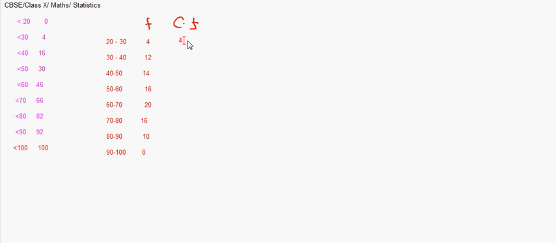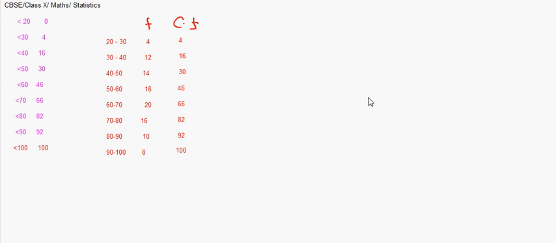So it is 4, 16, 30, 46, then 66, then 82, then 92, and then 100. So n is given to be 100. Our n by 2 is then 50.